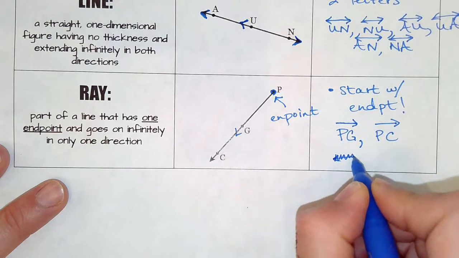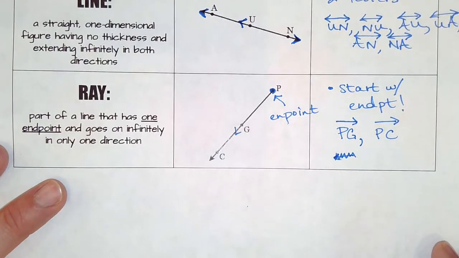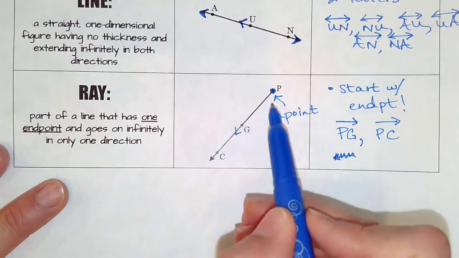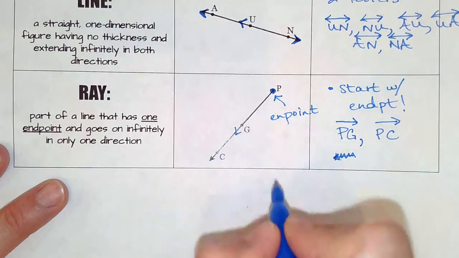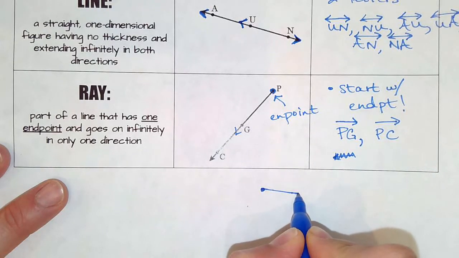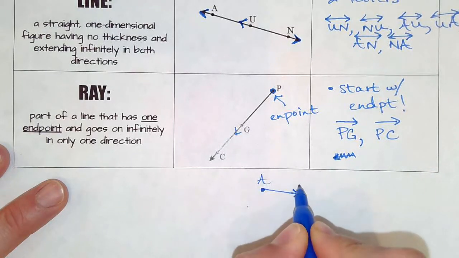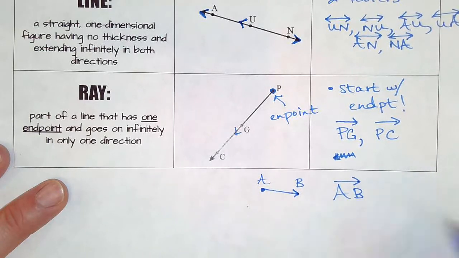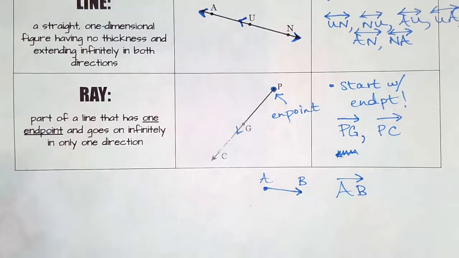That's never going to happen. I think on your homework assignment, they'll try to trick you with that. No, the ray always goes to the right. So it should always be endpoint out, endpoint out. So let's say it was this. It would be A, B, going that way. Okay, and that's it.